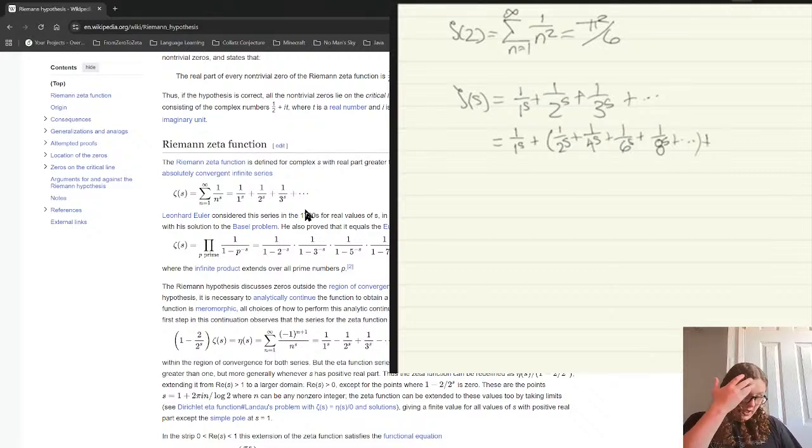But we've got to be careful here, because we already have 1 over 6 to the s. So we have to exclude the multiples of 2. So we get 1 over 3 to the s plus 1 over 9 to the s plus 1 over 15 to the s.